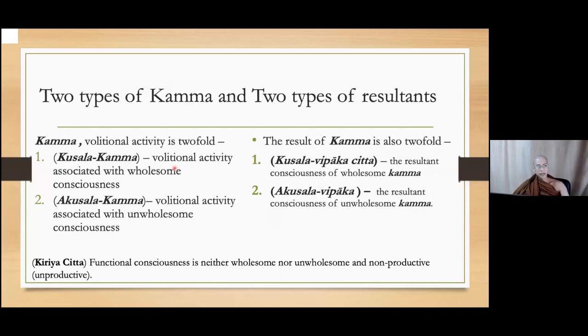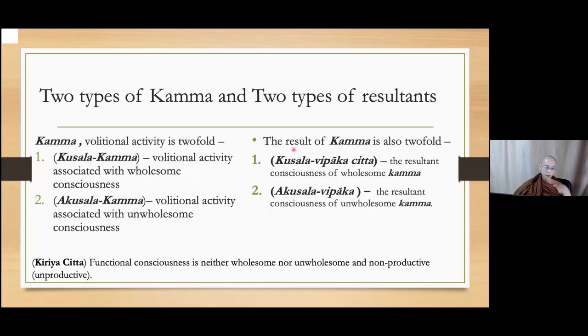So we can conclude about karma: karma is only 2 types, whether wholesome or unwholesome. There's no karma which is not identified as wholesome or unwholesome. Karma must be one of them. It means there's no neutral.